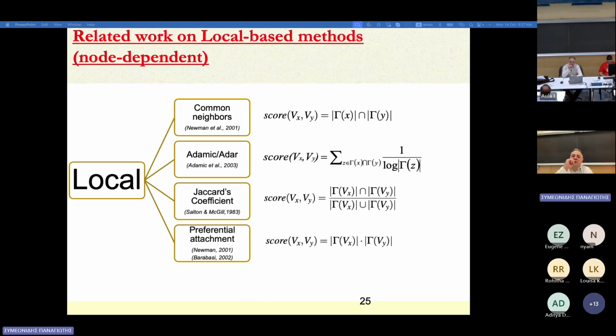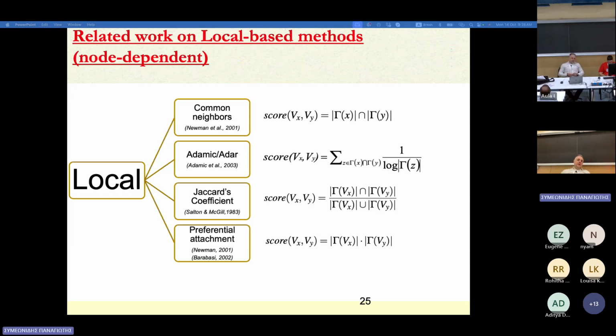Also, as far as similarity inference is concerned, there are two different families of inferring relevance in graphs. The first is node dependent, when you use the nodes and compute similarities between nodes that are adjacent or at close distance.